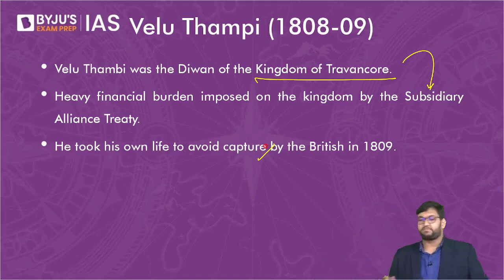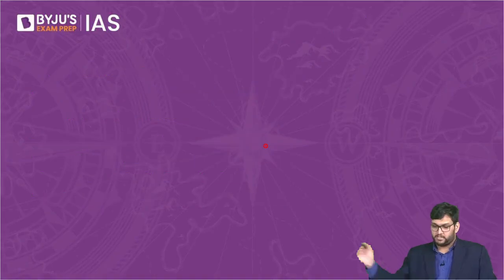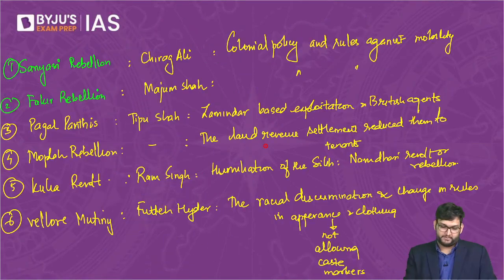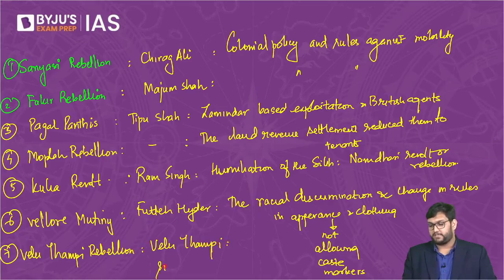So Velu Thampi is very easy because it's related to subsidiary alliance, so you understand the basic context also. So you have number 7, the Velu Thampi rebellion. In the name itself, Velu Thampi, and it's about the subsidiary alliance of Travancore.